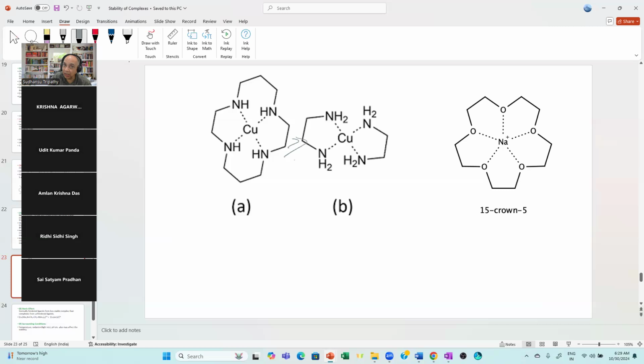Although it's not a transition metal ion, being a non-transition metal ion, it can form a very stable complex with this 15 crown 5 crown ether, where the size of the cavity matches the size of the sodium ion, not potassium ion. Potassium ion will need another crown ether having more oxygen atoms, maybe 16 crown 6 or 18 crown 6.